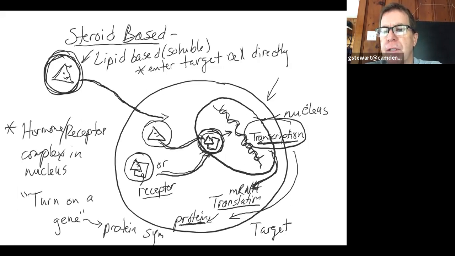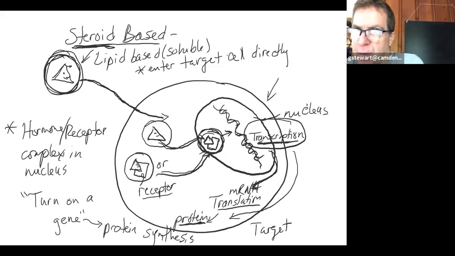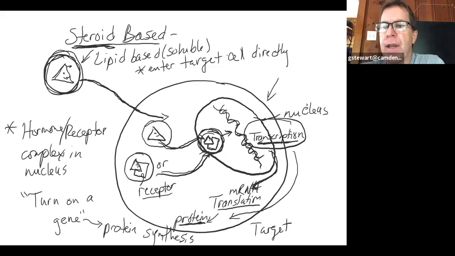Now, what most of us hear about when we hear the word steroid, you think of people who take steroids, like bodybuilders or athletes who take steroids in order to enhance their strength, their muscle mass, whatever it is. Guess what? Those are called anabolic steroids. Anabolic means to build.